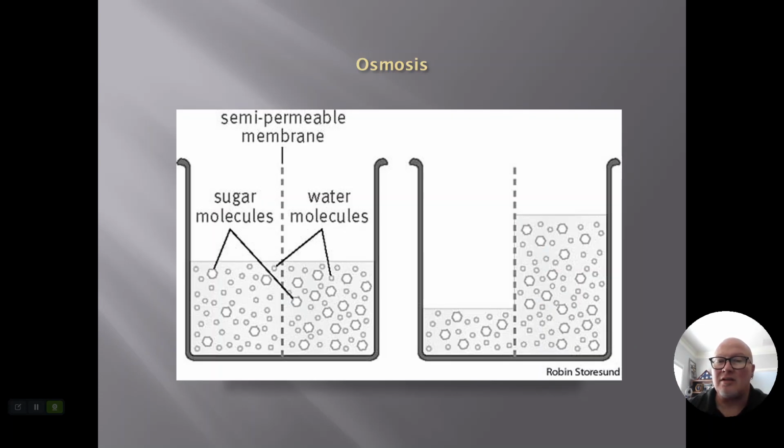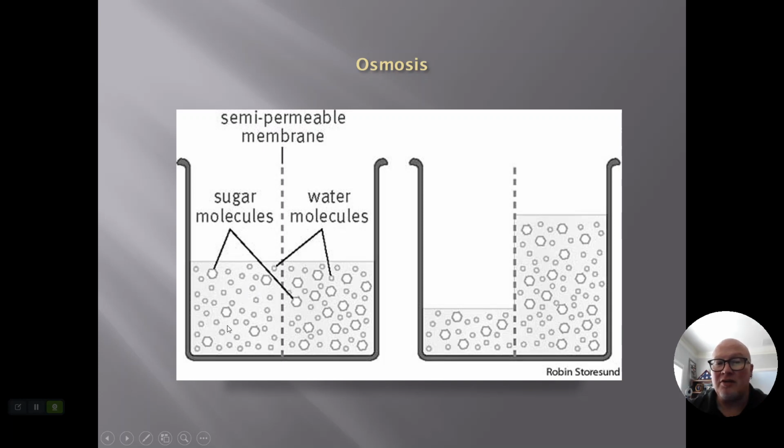Now, if we think about solute not being able to move through a membrane, but that water can, then water molecules will move from an area of high concentration to low concentration. In this case, the sugar molecules can't go through the membrane, but the water molecules can.